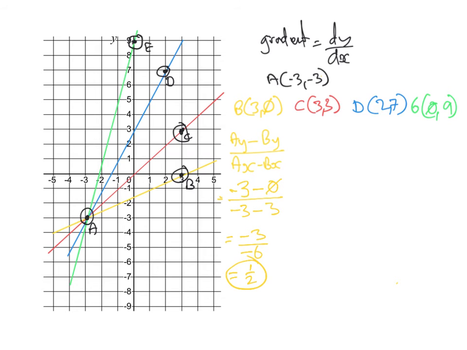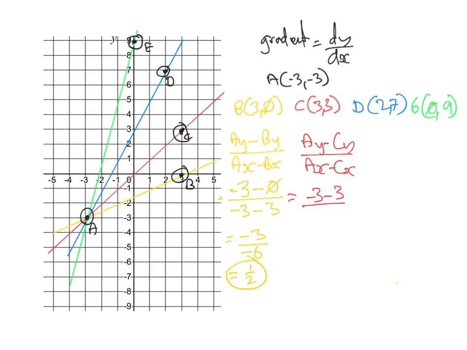Okay. On to the next steepest line, the red one. So again, we've got Ay, but this time we're using point C, so Cy, all over Ax take away Cx. The y component of A is negative 3, take away the y component of C, which is 3.